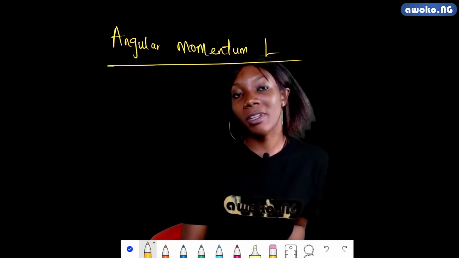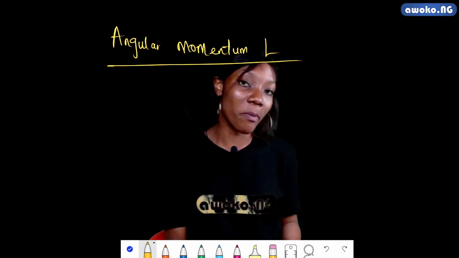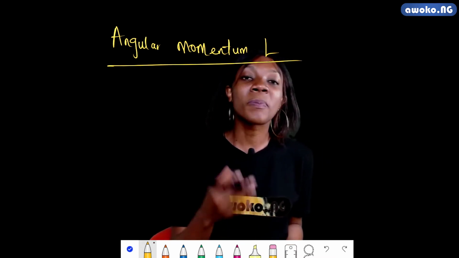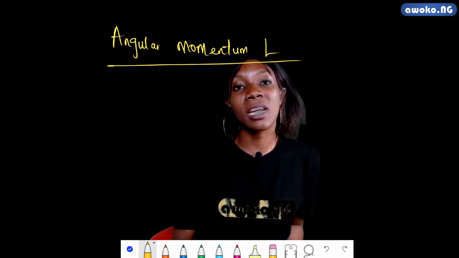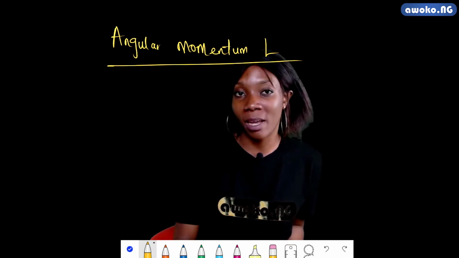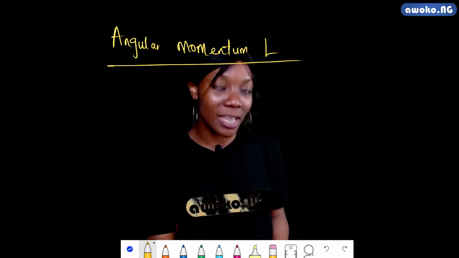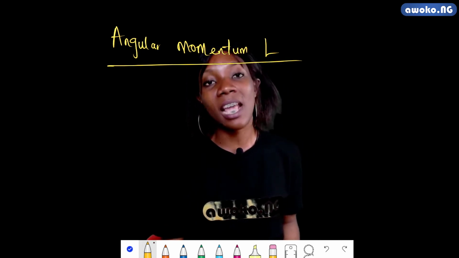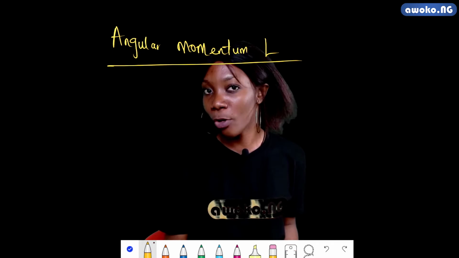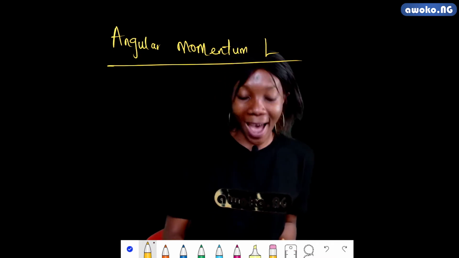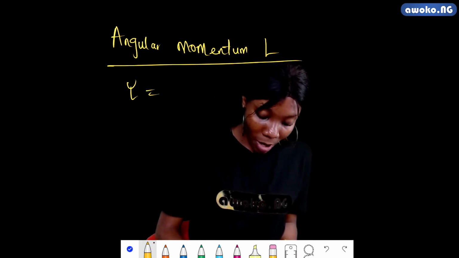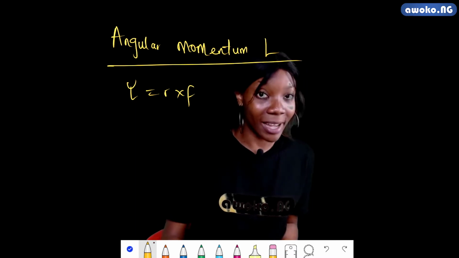This angular momentum is the lookalike of linear momentum, and it plays a central role in our study of rotational dynamics. Its relationship to linear momentum P is exactly the same as the relationship of torque to force, which we know as tau equals r cross F, right?